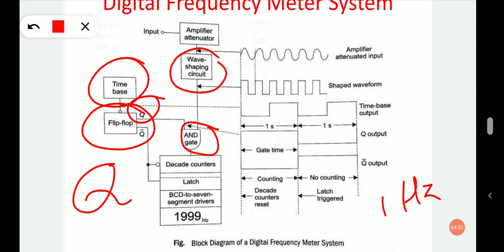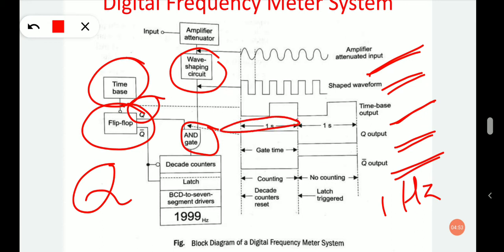Here waveforms are shown: amplifier attenuated input, shaped waveform, time-based output, Q output, and Q bar output. For 1 second we can see alternating output for the time-based output, one is high, one is low.